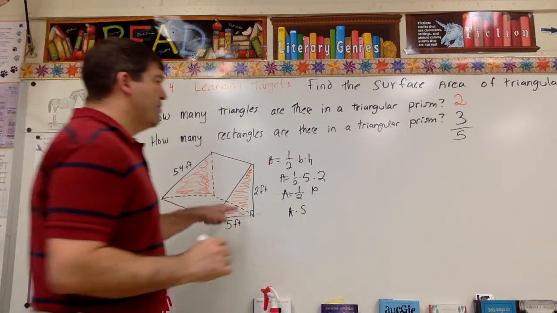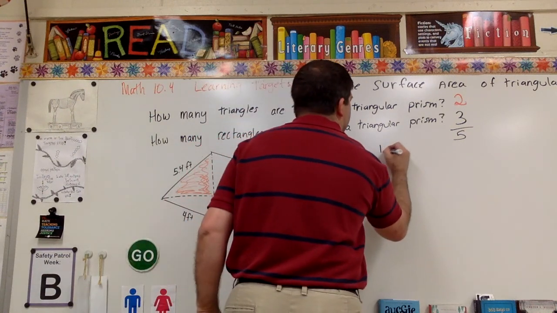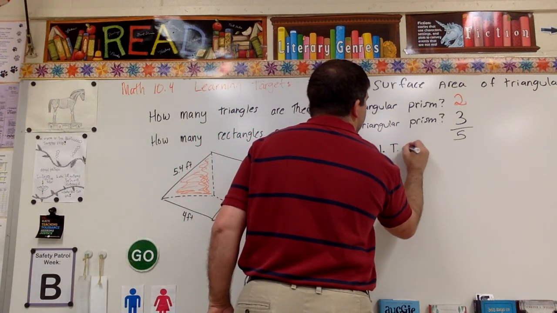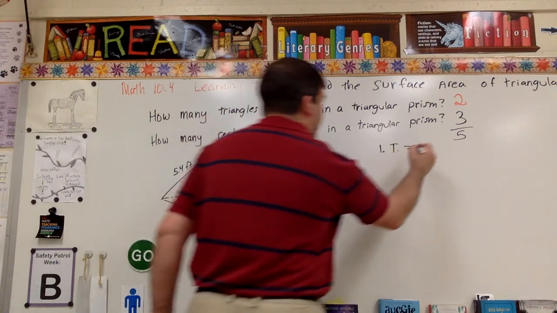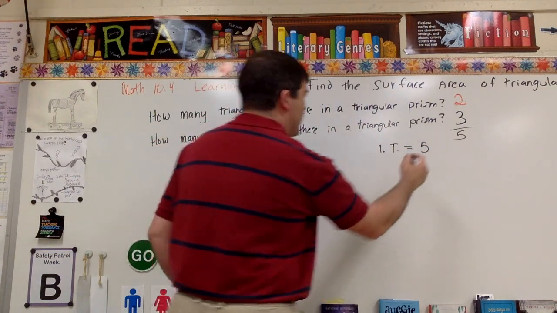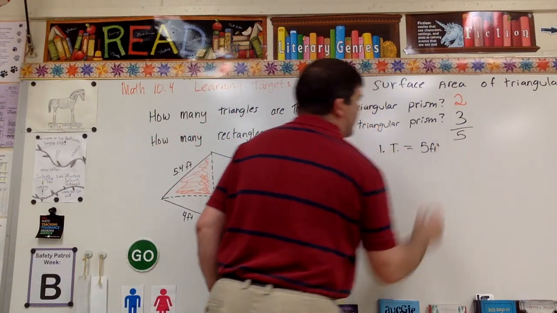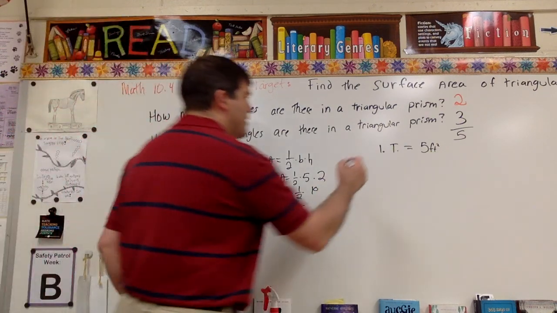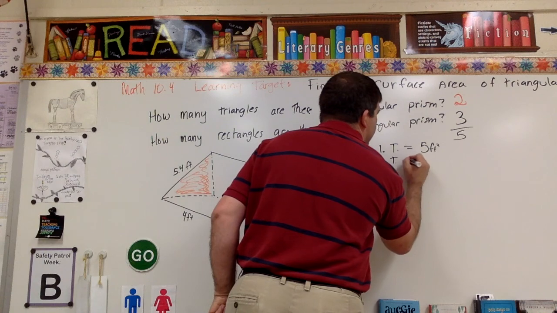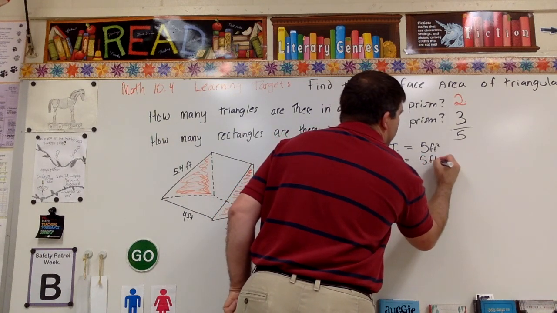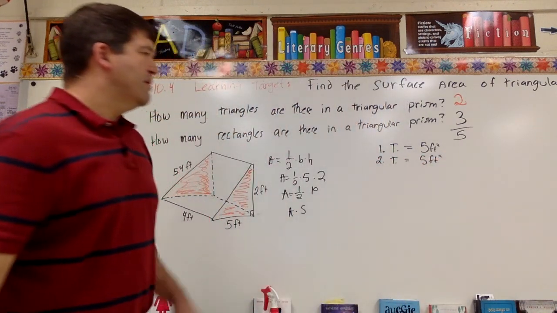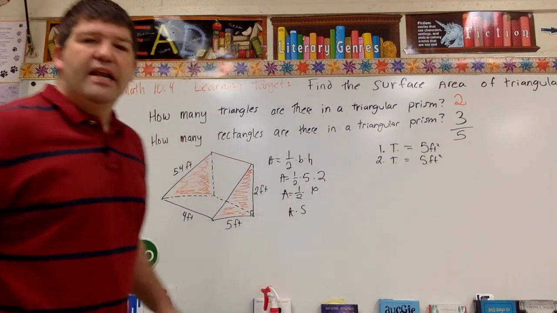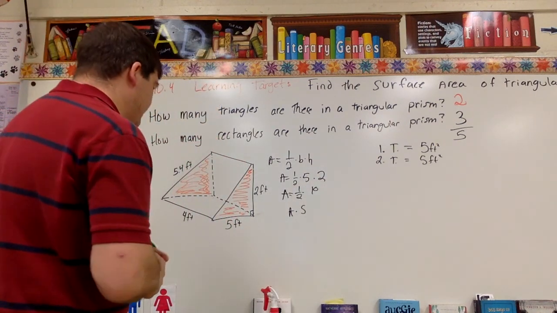So this one triangle, I'm going to go like this: triangle 1 equals 5 feet squared. And because this one's exactly the same, triangle 2 equals 5 feet squared. So I have my 2 triangles. Now I got to find my 3 rectangles.